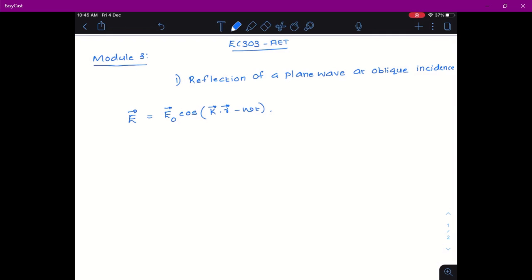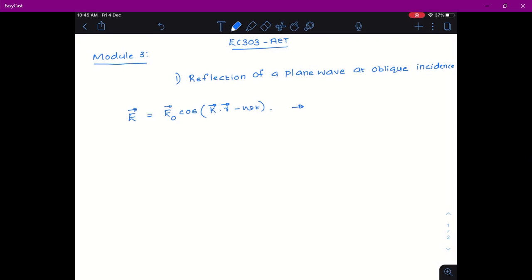So this is a wave traveling in an arbitrary direction. You see this k dot r minus omega t can also be written as omega t minus k dot r, because cos of theta is equal to cos of minus theta.